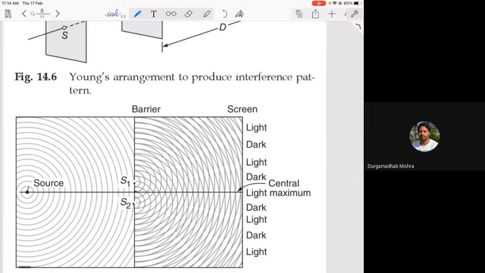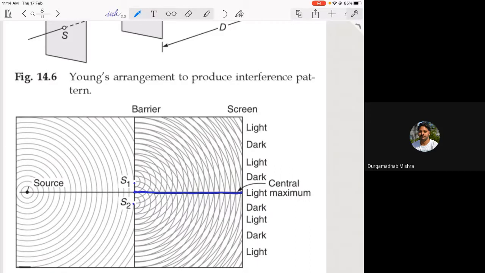Okay, and now if you look at the wave picture, you can see the central part here. So I'll draw the line here. If I draw the line here, you see the waves are in phase, and that means the crest is at the crest, both the waves have the crest at the same position, and therefore they interfere constructively, or you can say there is a superposition of the displacement which you just add up.